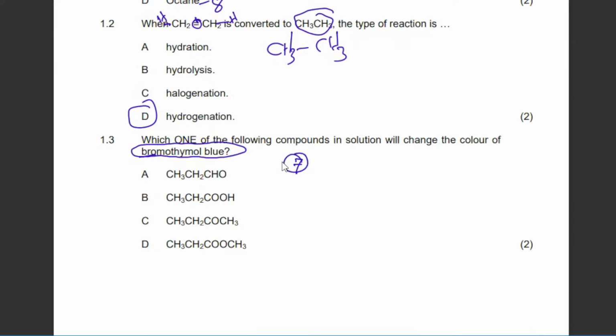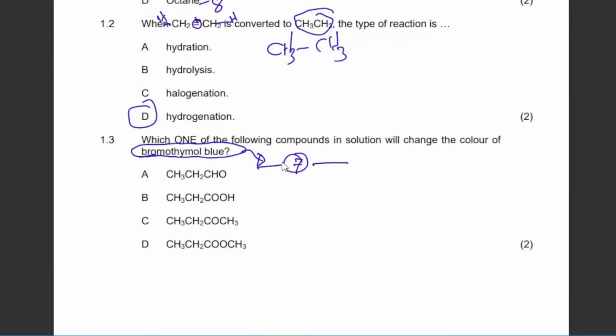But remember, it can be on the side of alkaline or the side of acid. So this indicator measures pH which is relatively acidic.